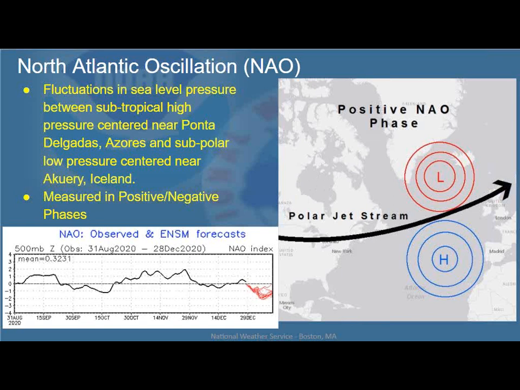So that kind of coincided with a more wintry phase of our winter so far. And once again, the North Atlantic oscillation is the fluctuation in the sea level pressure between that subtropical high pressure and subpolar low pressure, and again, it's measured in positive and negative phases.